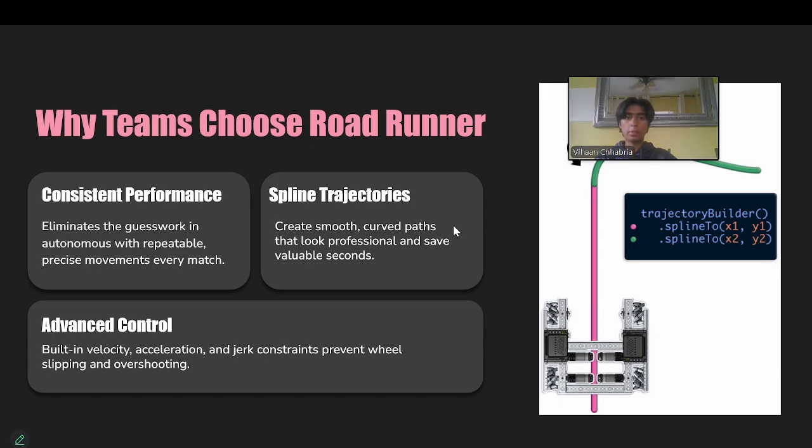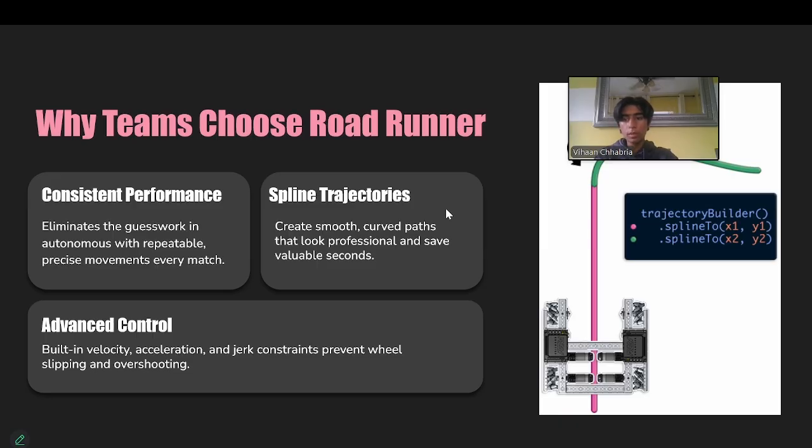Again, I was talking about the spline trajectories, where we're able to make a curved route. That way, for example, if your robot needs to take a 90-degree turn, instead of slowing down to a stop and then turning, the spline trajectories allow for a smooth curve so that you don't need to slow down and you can keep going.